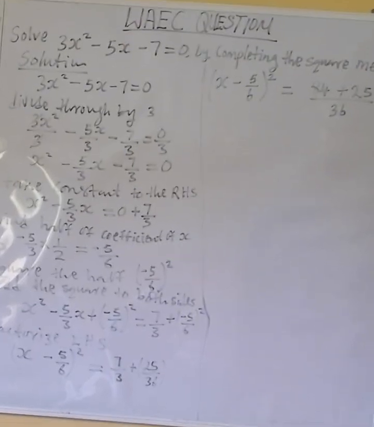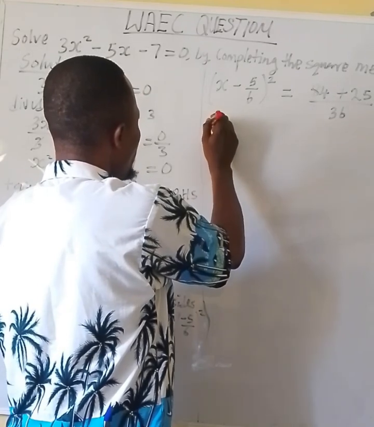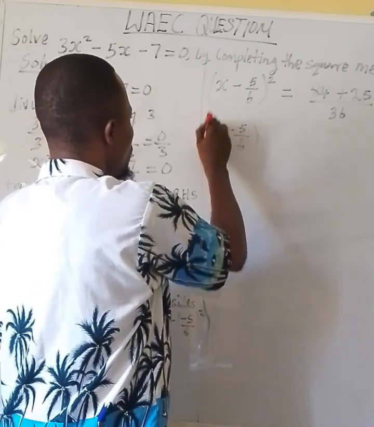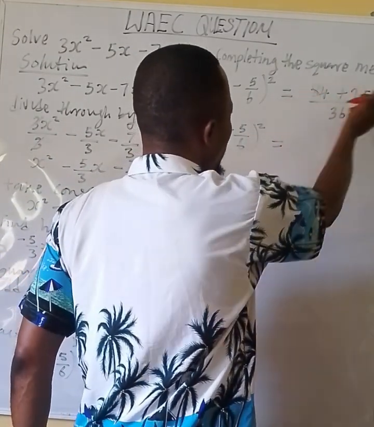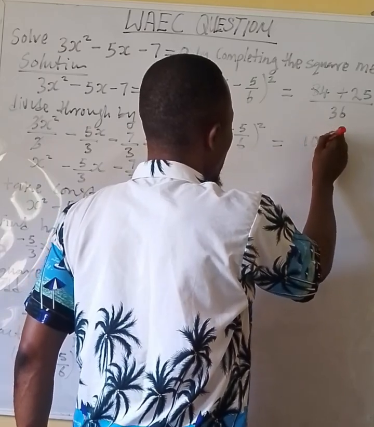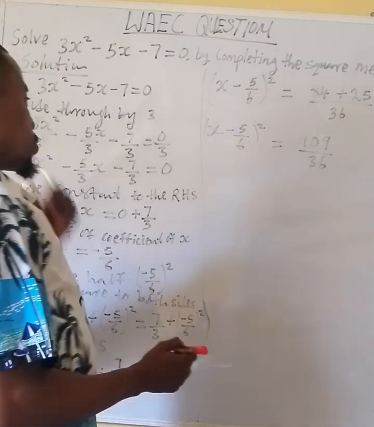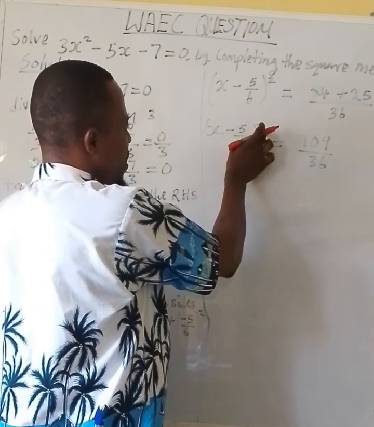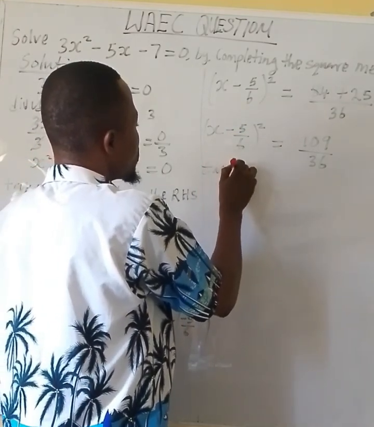Having done that now, the next thing we are going to do is, we now have x minus 5 over 6 square equals to 84 plus 25, that's 109 over 36. Are we together? Okay, so we now have square here. For us to cancel this square, we now say take what?